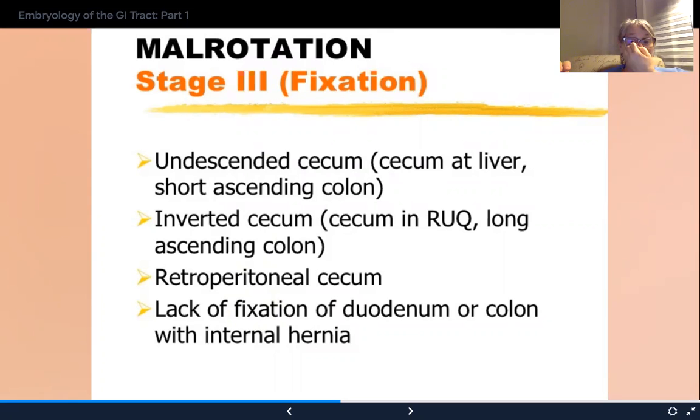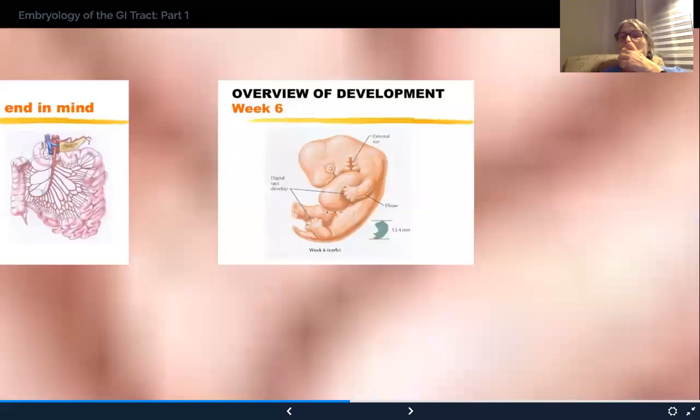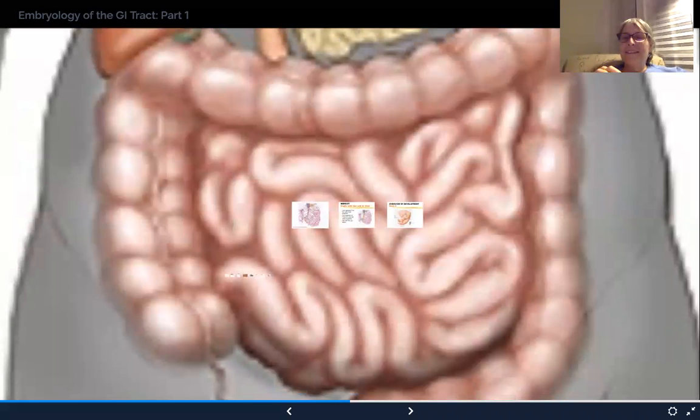An inverted cecum with a very long ascending colon, so it's like buckled back on itself. And lack of fixation of the duodenum and colon can happen. They're very rare. But basically, fixation is not that big of a problem.